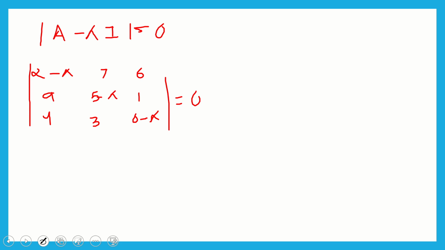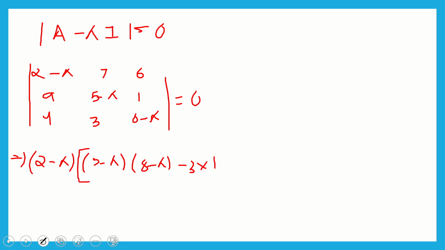See, if you do not want to solve this one, there is a formula for this. If you remember, then it's very good. Otherwise, you have to go with this. So I'm just solving this: 2 minus lambda into 5 minus lambda into 8 minus lambda minus 3 into 1.